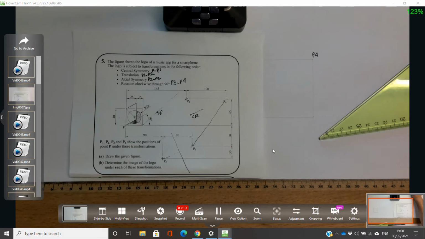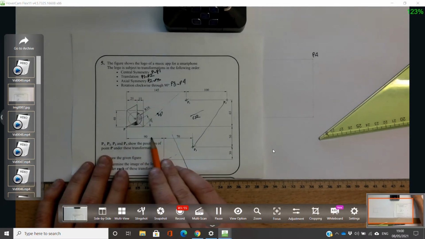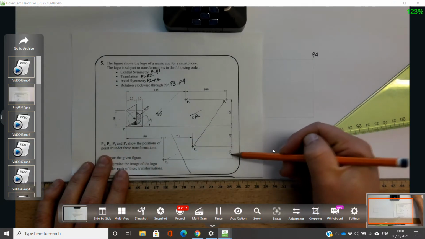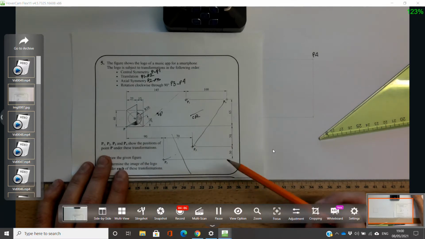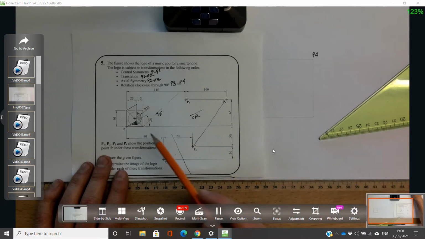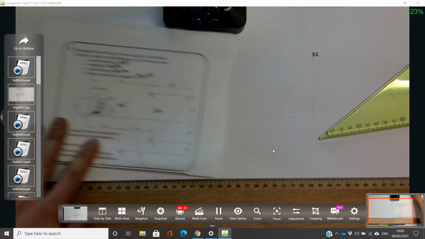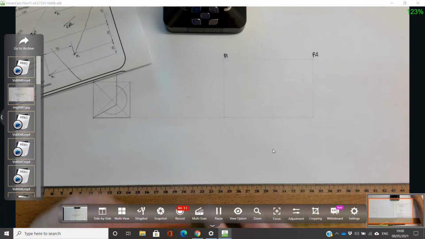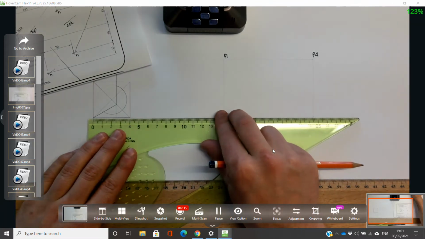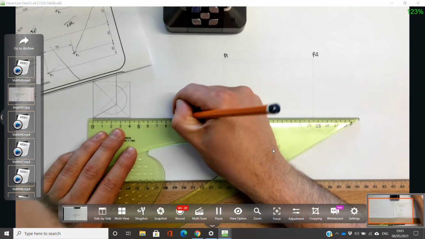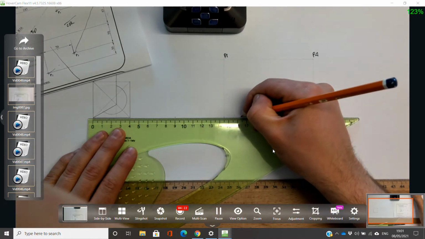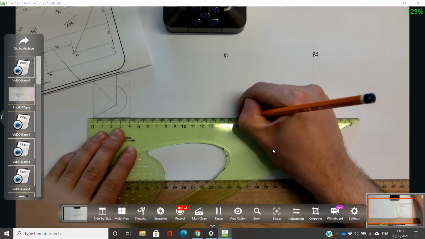And then how about P2 and P3? So P2 is over 90, okay, and down 50 and 30, so add them together. And then P to P3 is over 90 and 70. 50 and 30 is 80, 90 and 70 is 160. So we can plot our distances over here, 90 millimeters, and a further 70 is 160.